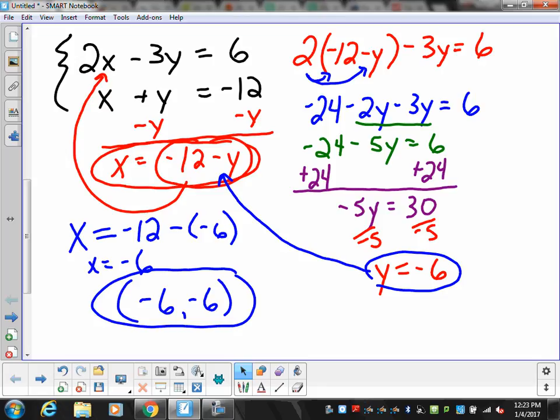Okay, so that's two problems that we did solving systems of equations using substitution.